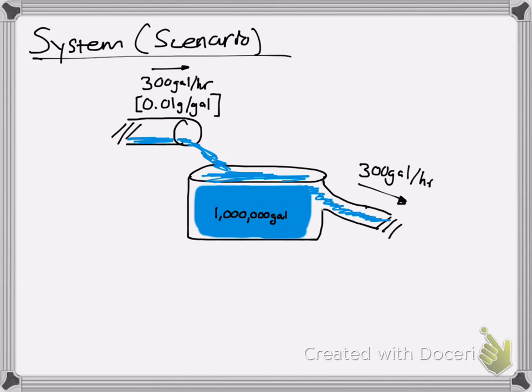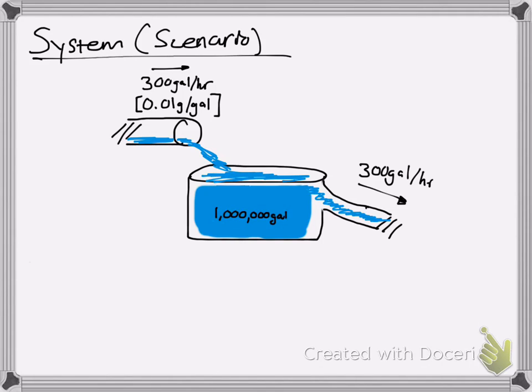So we have this system, a scenario given here. I drew a tank here, and it's a 1,000-gallon tank, and there is some rate at which a chemical at a concentration of 0.01 grams per gallon is flowing in at 300 gallons an hour and coming out at 300 gallons an hour of the whole thing.